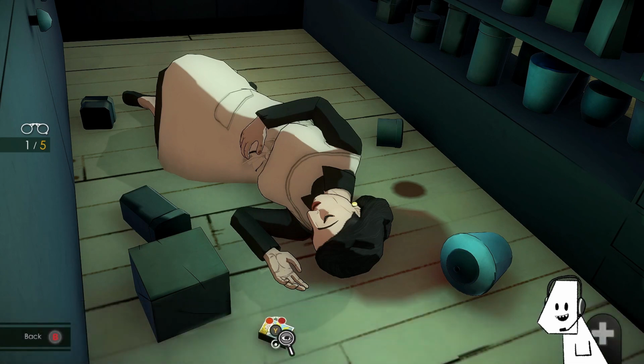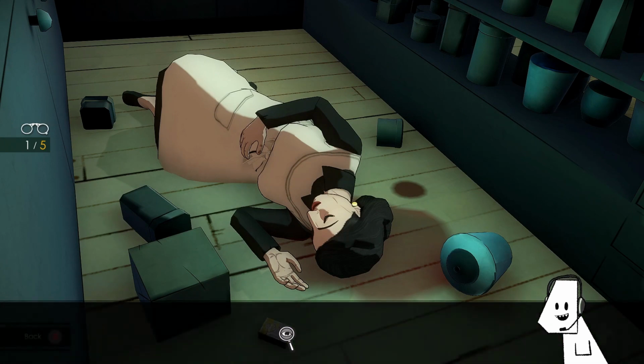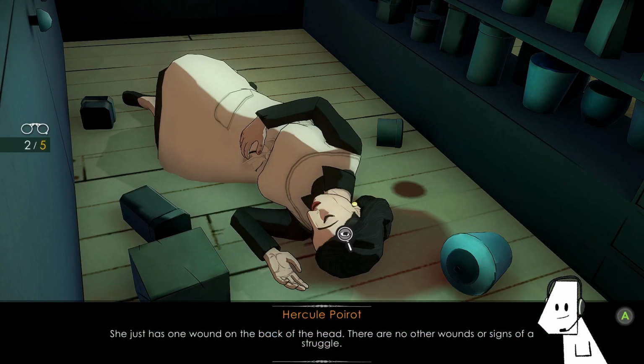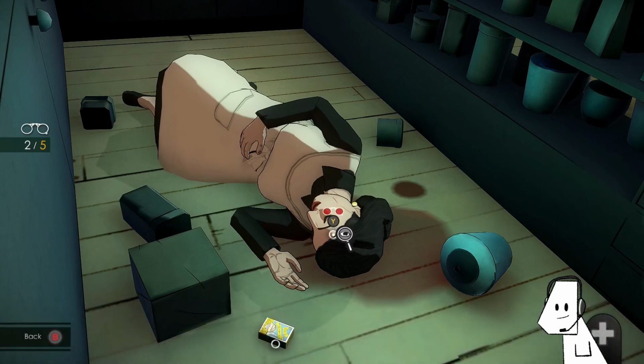Maybe she was selling someone those cigarettes. So if we find someone who smokes them, there's a chance that they were involved in the murder. She just has one wound on the back of the head. There are no other wounds or signs of a struggle. Oh no.